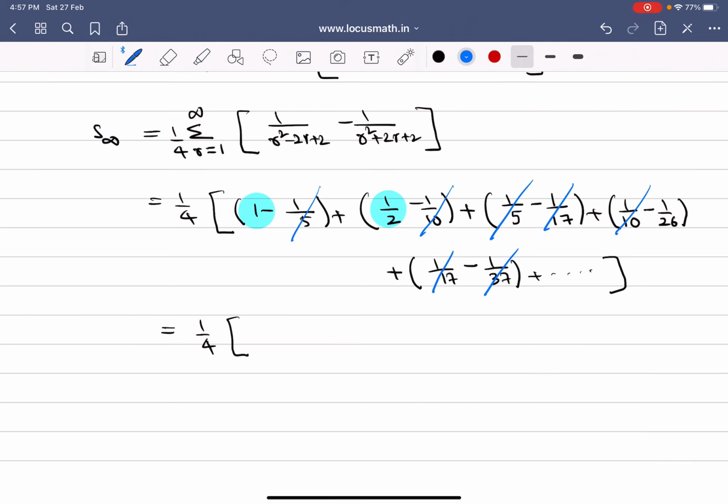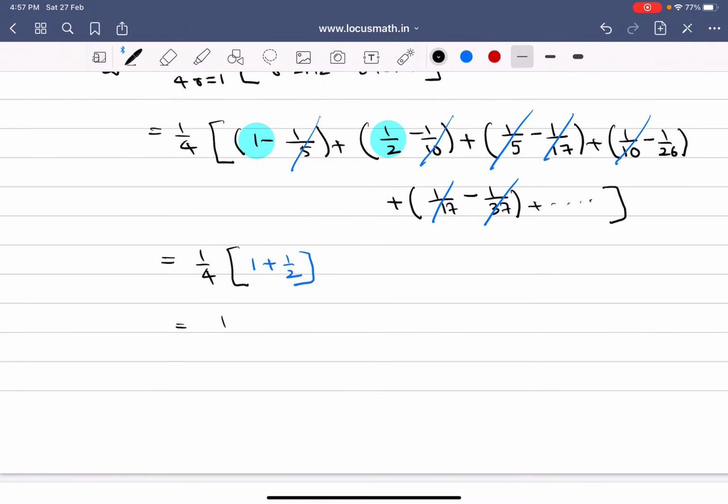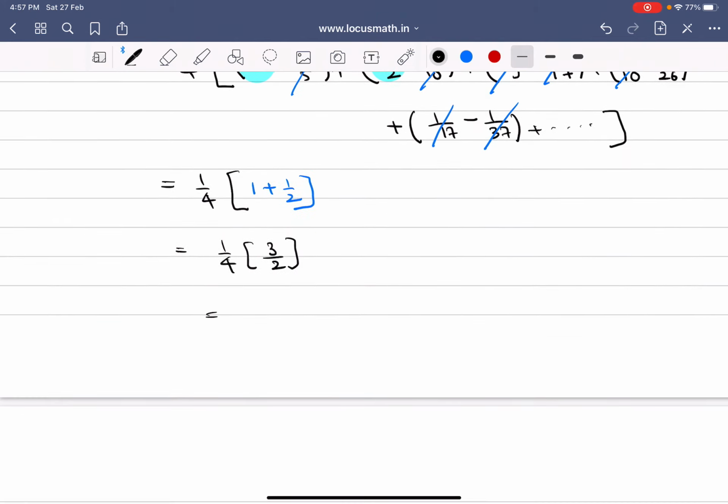So our sum of infinite terms is equal to 1 by 4 into (1 plus 1 by 2). That is equal to 1 by 4 times 3 by 2, that is equal to 3 by 8. So this is the final answer.